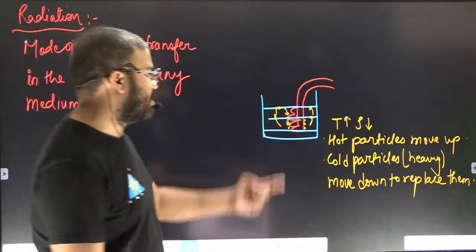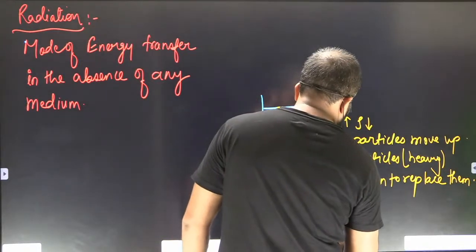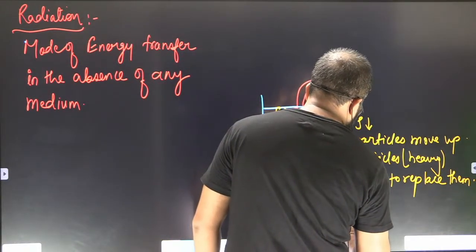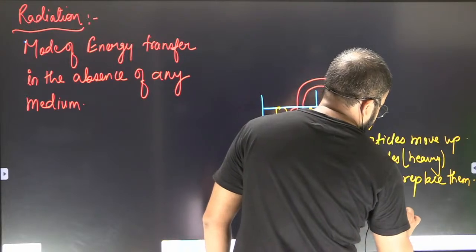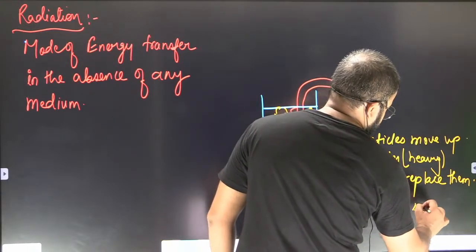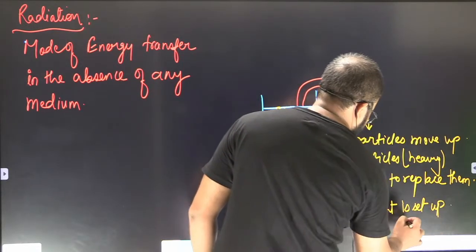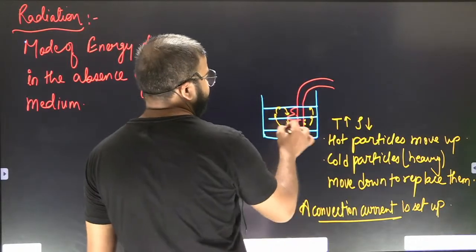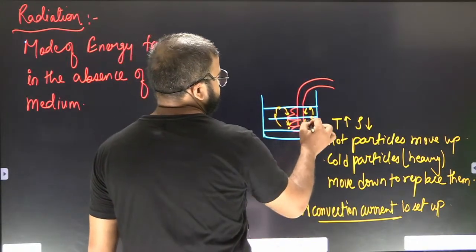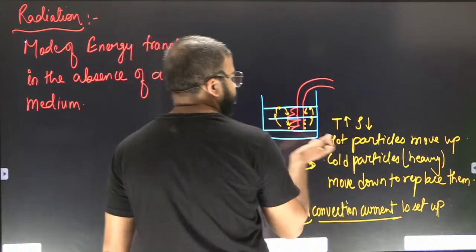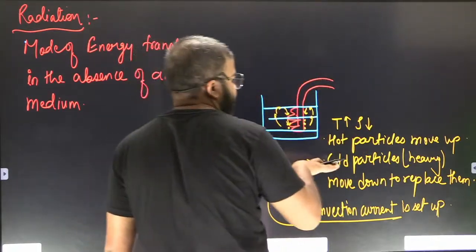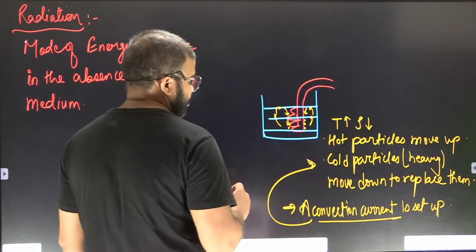So a convection current is set up. What is a convection current? This motion of hot particles up and cold particles down, that is a convection current, right?